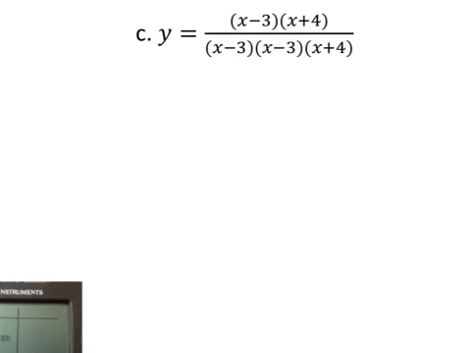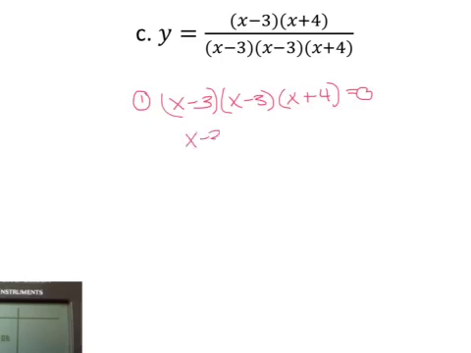Right now we can already see we have some that match up. Our zeros for step 1, the denominator: x minus 3 times x minus 3 times x plus 4 equals 0. So x minus 3 equals 0, x minus 3 equals 0, I'm not going to write it down twice, and x plus 4 equals 0. So x will equal 3 and x will equal negative 4.